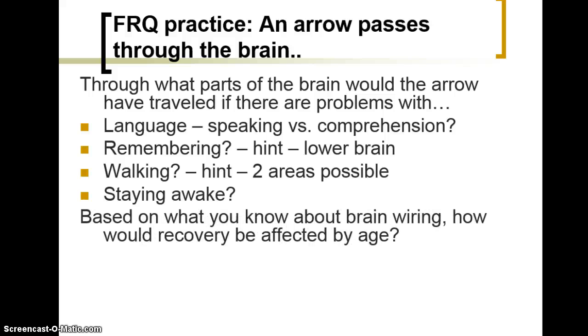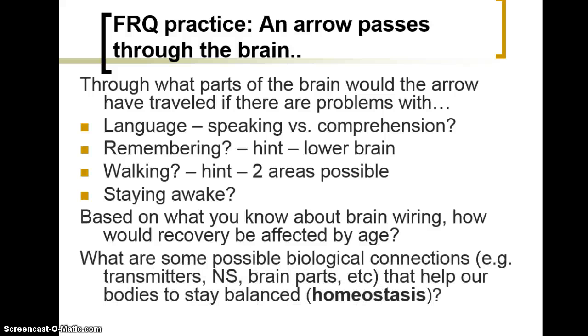And based on what you know about brain wiring, what would be the effect as it relates to age? So again, you want to go back and look at critical periods, neuroplasticity, pruning. Those are some big concepts there. And some possible biological connections that help us maintain homeostasis, this balance.